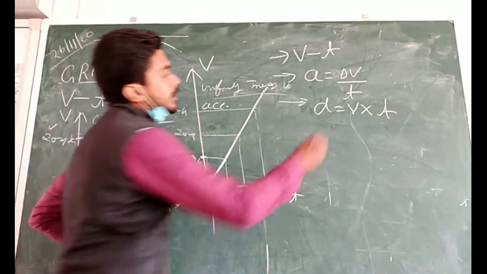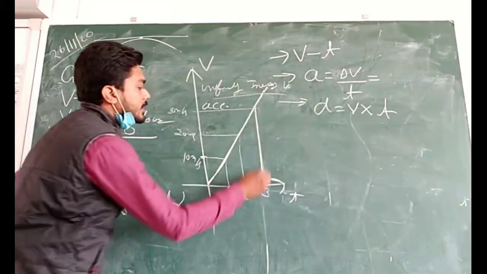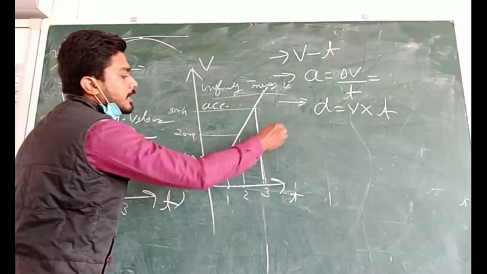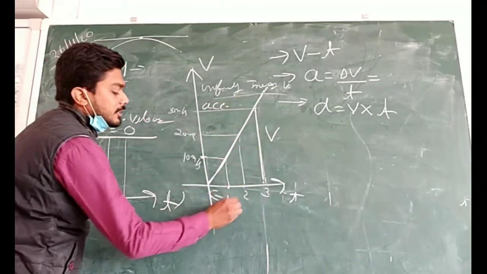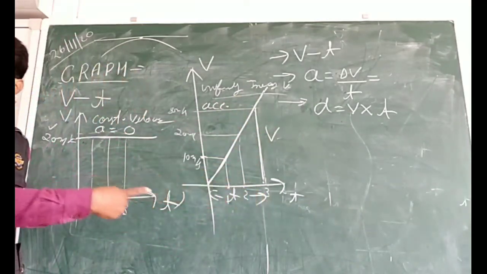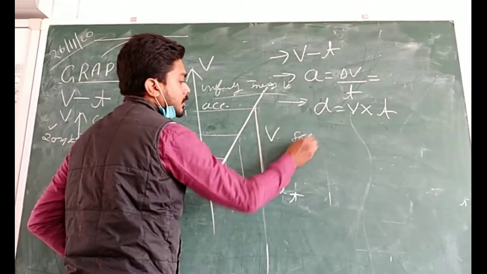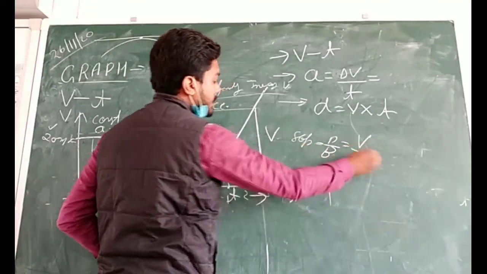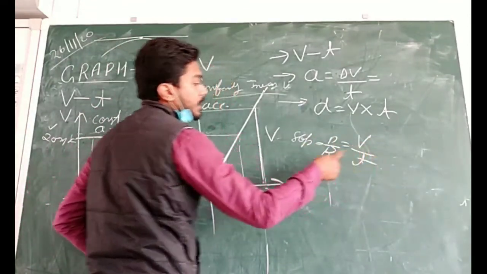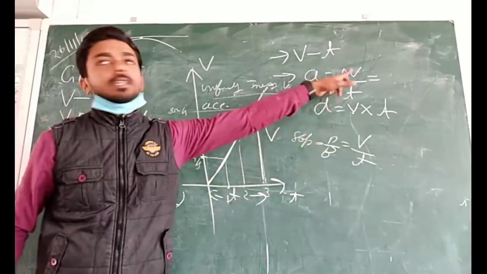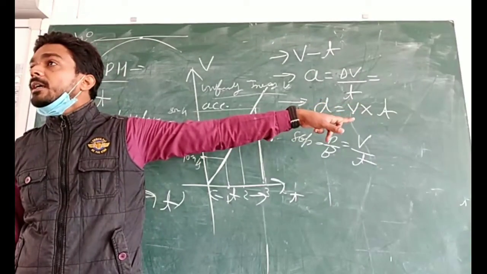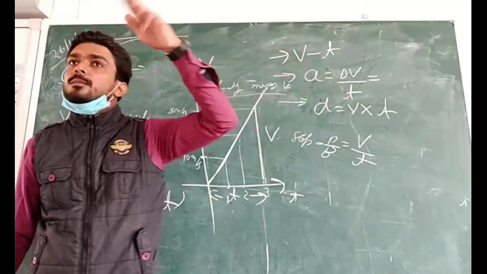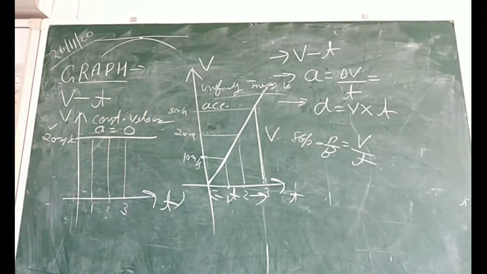Then we will write acceleration is equal to slope. If the y-axis is the velocity and the x-axis is the time, slope is equal to perpendicular upon base. Perpendicular is the velocity and base is the time. And you can see this slope is equal to the acceleration. Whenever the relation is in the form of ratio, find the slope of the graph.